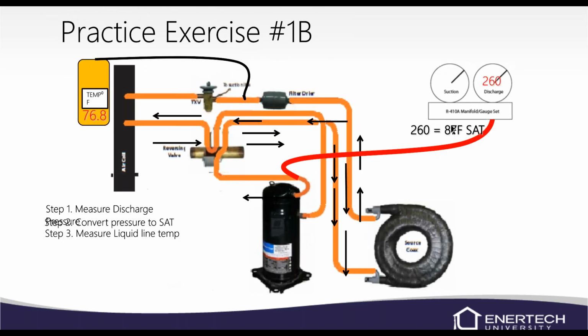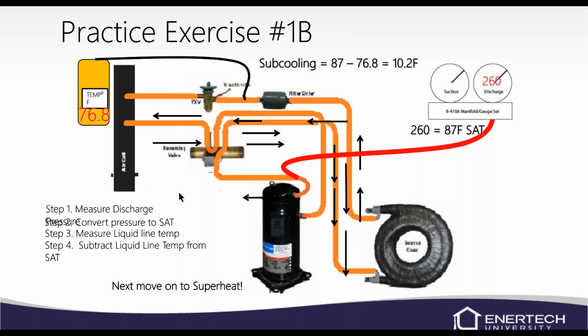So we know our saturation temperature is 87. Our line temperature is 76.8. So that gives us a 10 degree of subcooling.